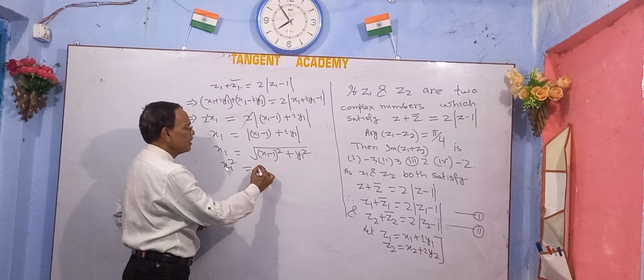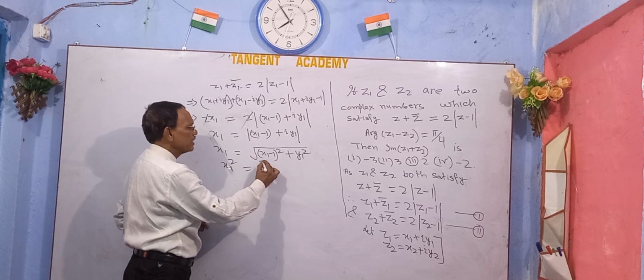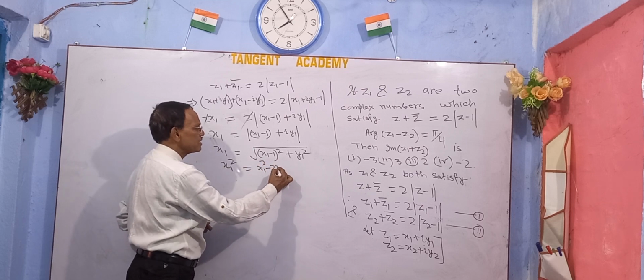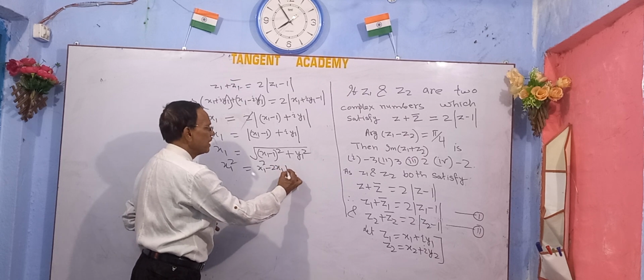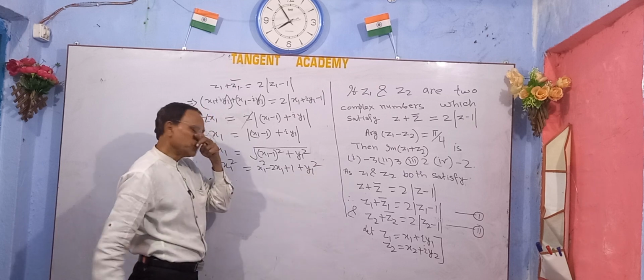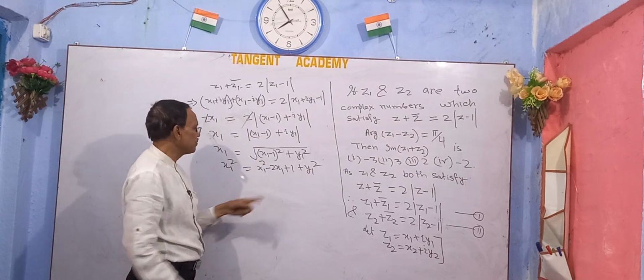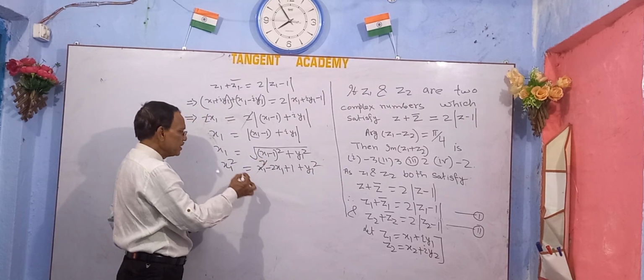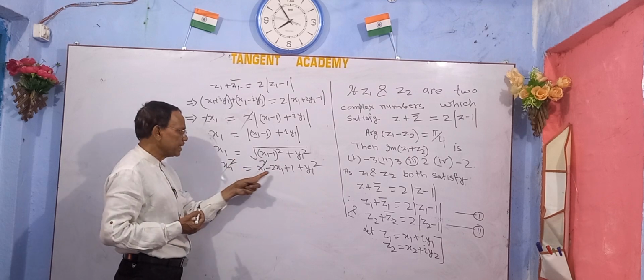x1 square can be written as x1 square minus twice x1 plus 1 plus y1 square, breaking it into the form of a minus b whole square. The similar terms from both sides will cancel.